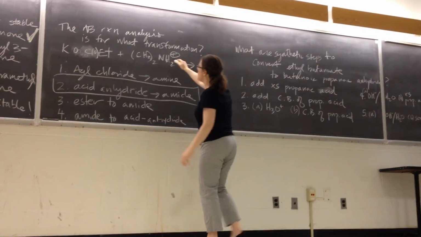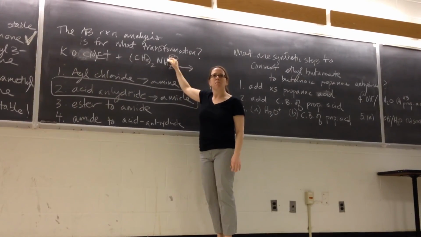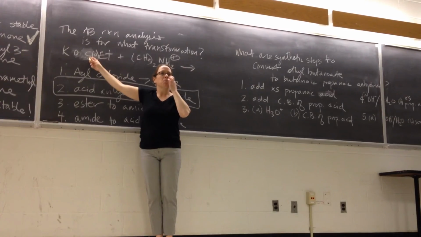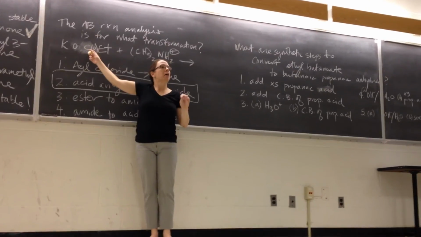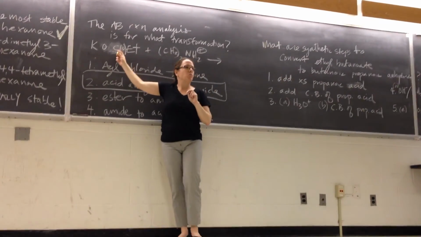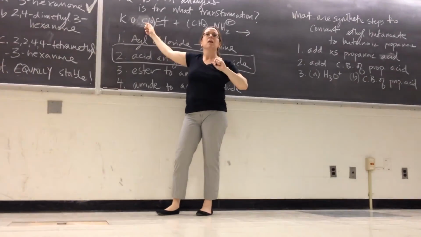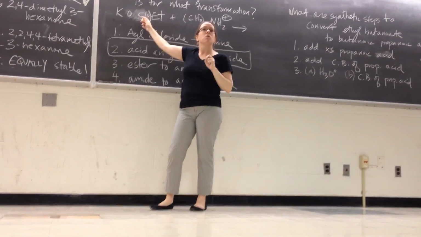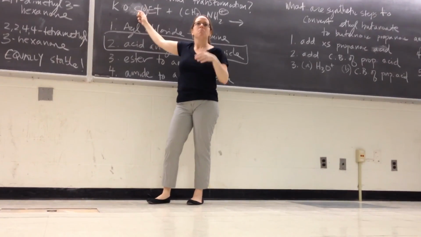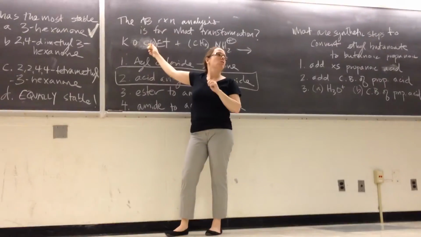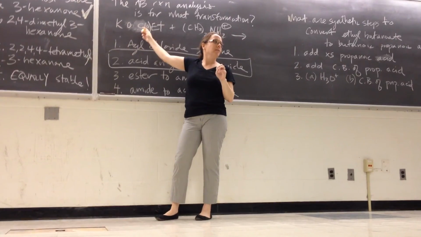So I know this is the protonated nucleophile, and I know this is the leaving group. The leaving group tells me what functional group I started with. If this was a Cl-, I would have started with an acyl chloride. If this was an OR-, I would have started with an ester. But this is actually a carboxylate, so I started with an acid anhydride.